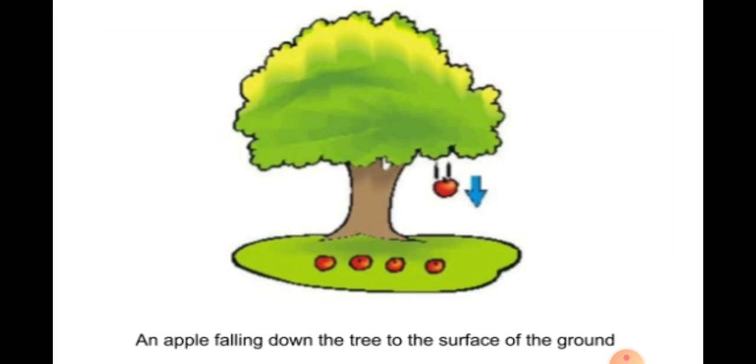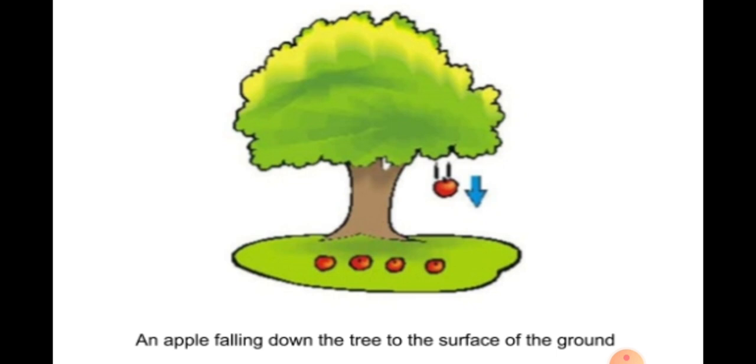For example, a leaf falls from the tree due to gravity, a fruit falls from a tree due to the force of gravity only, and the rain falls down to earth due to the force of gravity. When we open a tap, what happens?